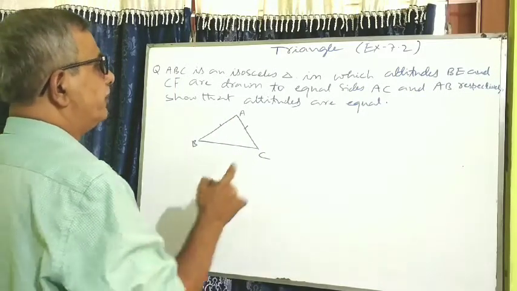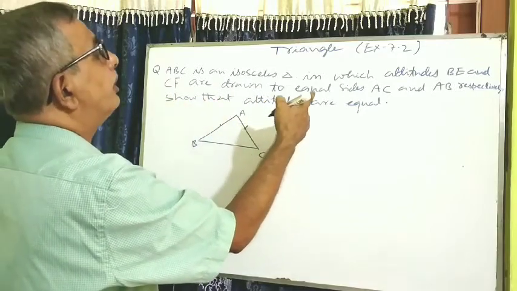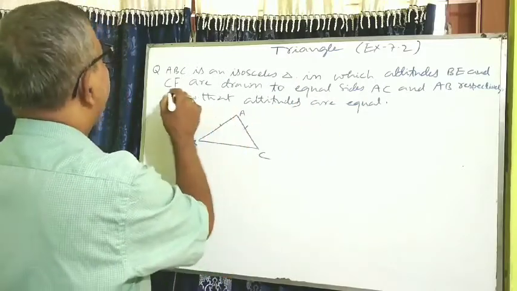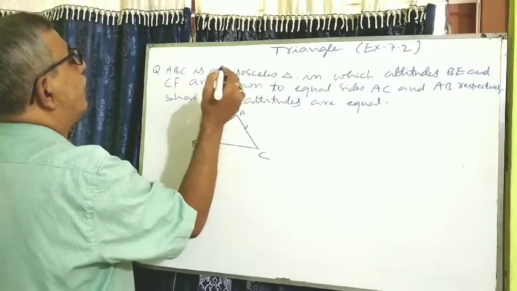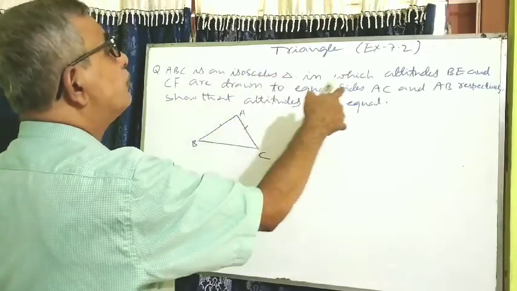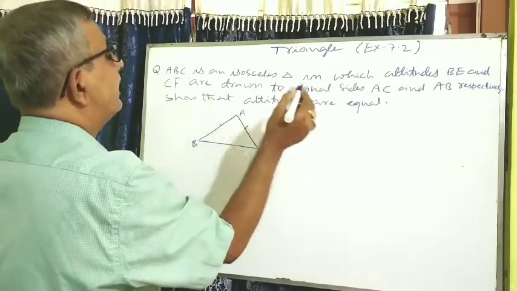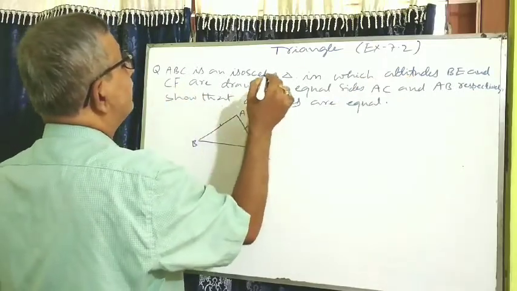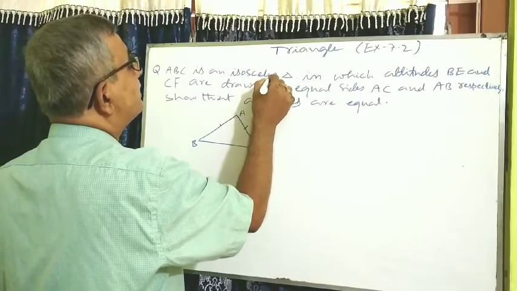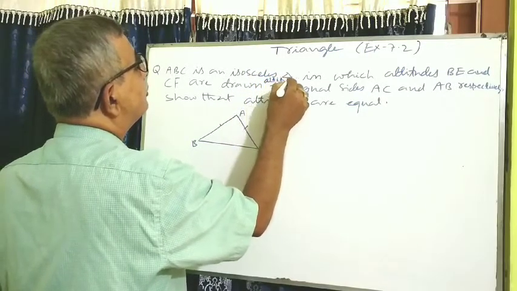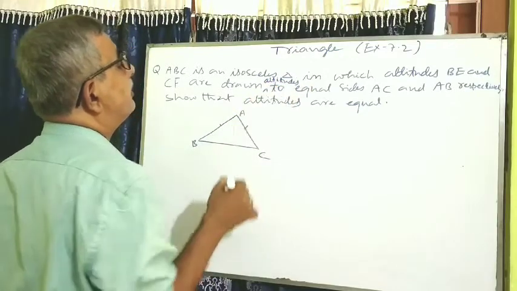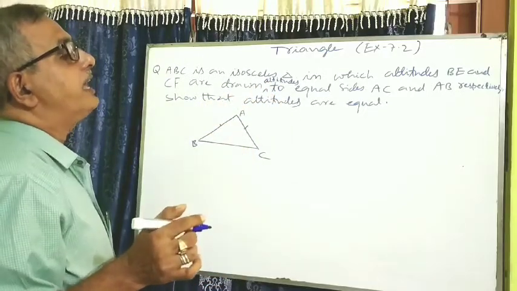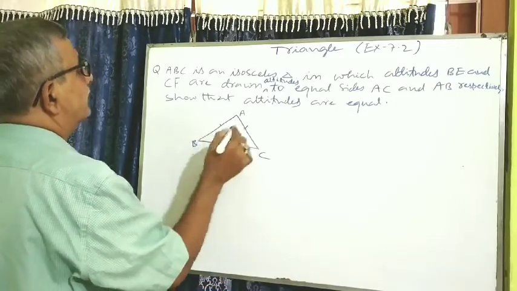Now one more thing you see. BE and CF are drawn as altitudes to the equal sides AC and AB respectively, so that the altitudes are equal.